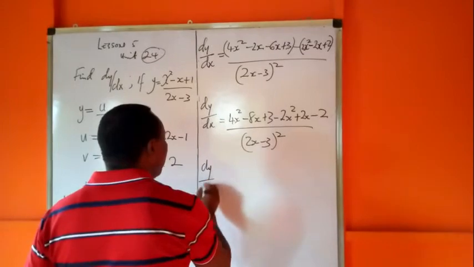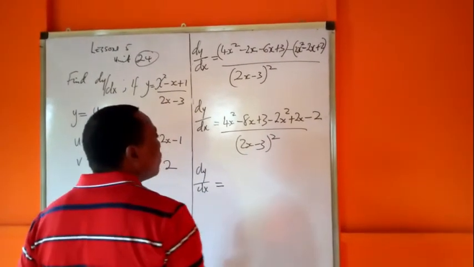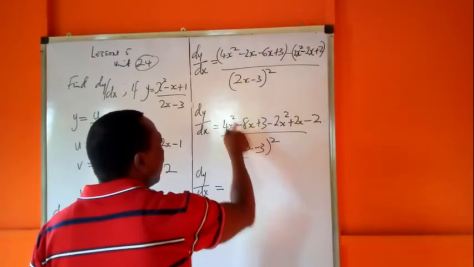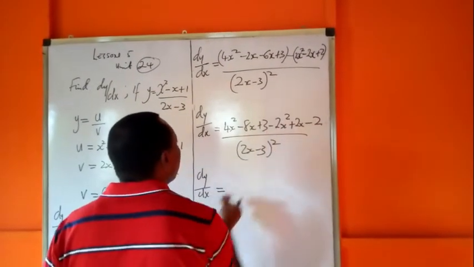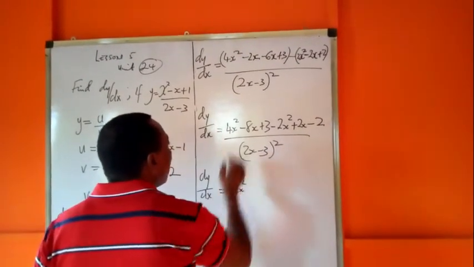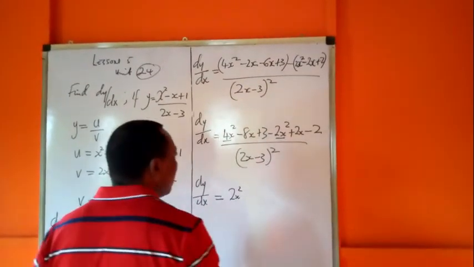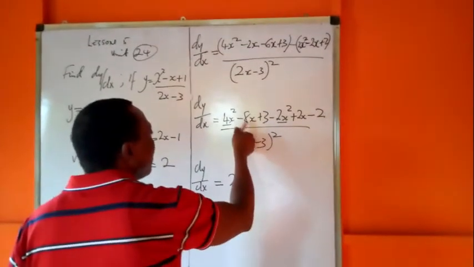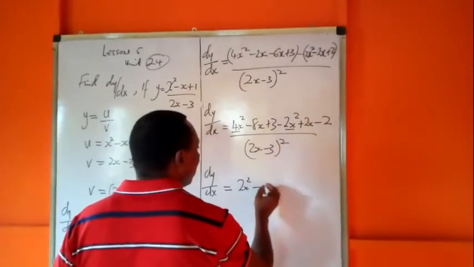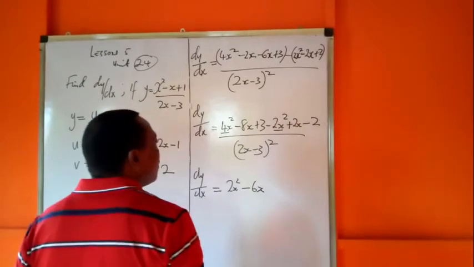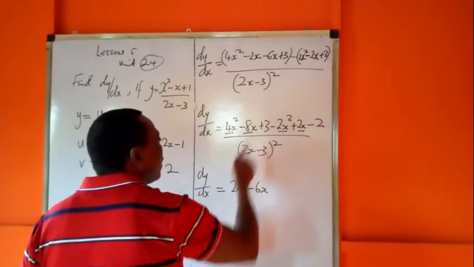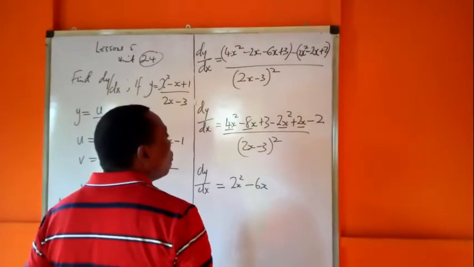So dy dx is equal to, let's see whether there are like terms. 4x squared minus 2x squared will become 2x squared. Minus 8x plus 2x becomes minus 6x. Then plus 3 minus 2 will become plus 1.